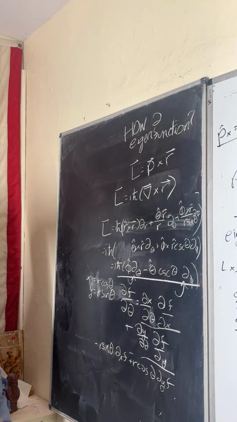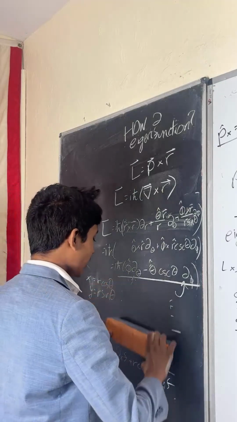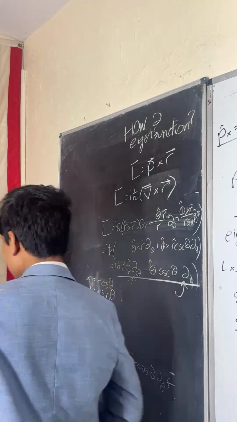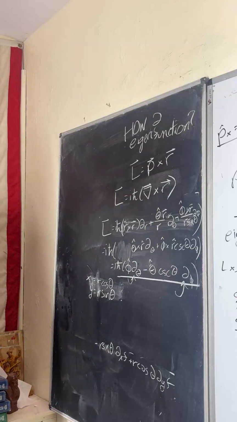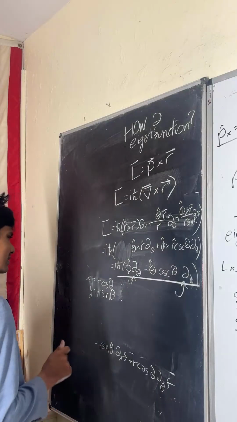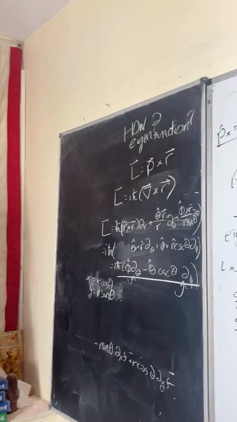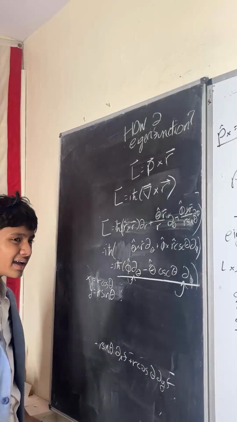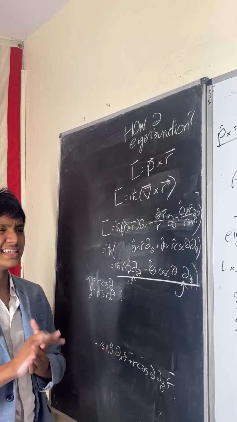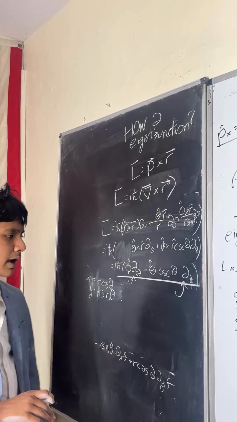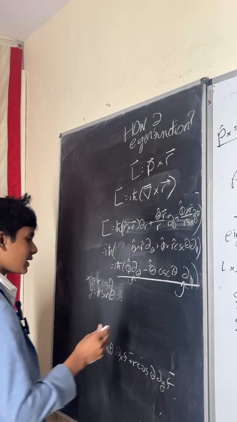Now a similar thing happens for partial phi, but instead partial phi is in a different plane. Partial phi is kind of in the theta z plane. So how would you write partial phi instead?